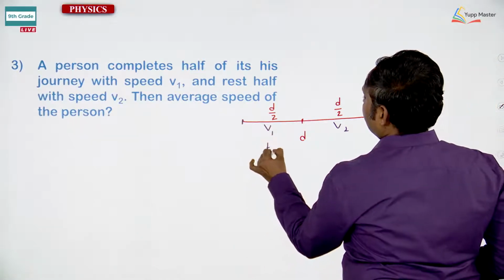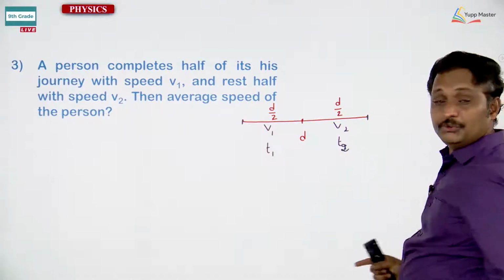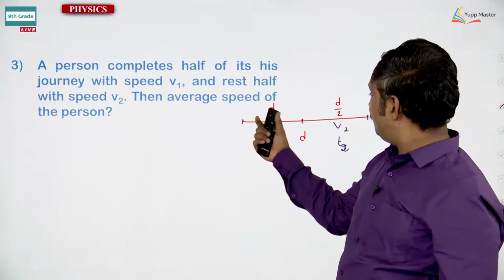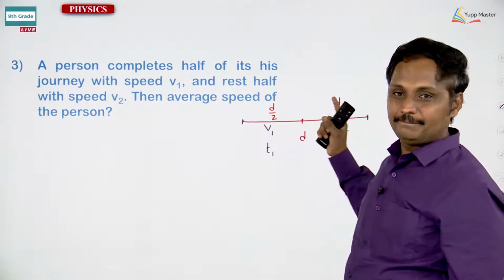The time taken by the body is also identified, t1 and t2. t1 is the time taken to cover the distance d by 2, and v1 is the speed.